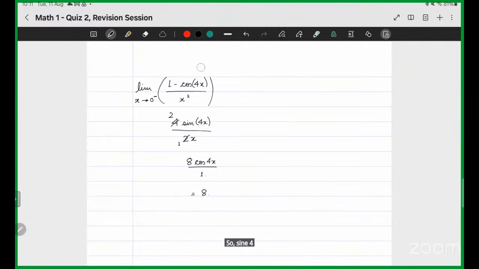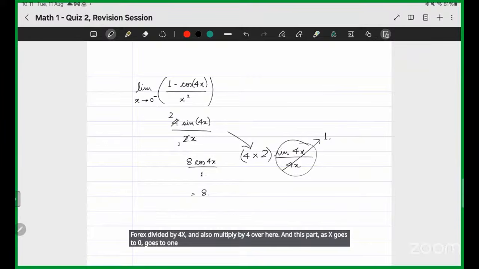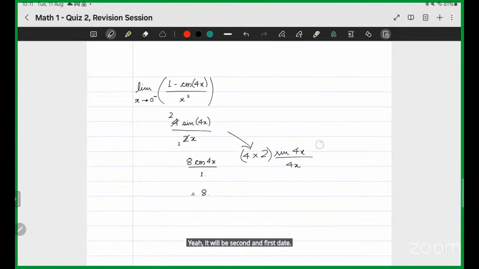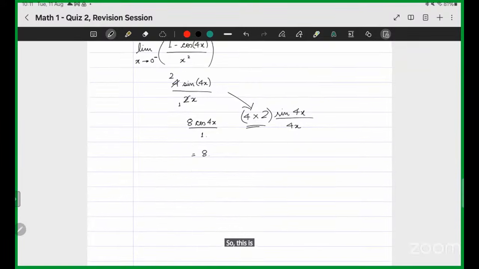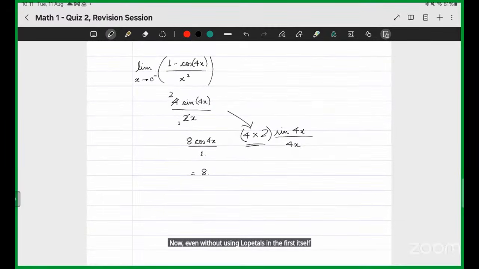Yes, that tends to 1. So here you can do 2 sine 4x divided by 4x and also multiply by 4 over here. And this part, as x goes to 0, goes to 1. So this is 8.